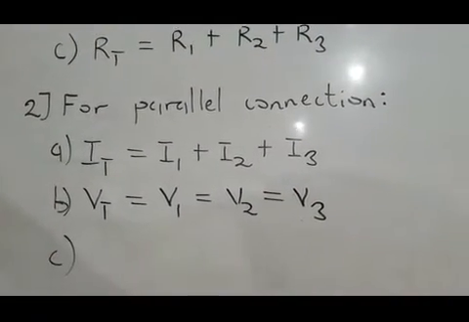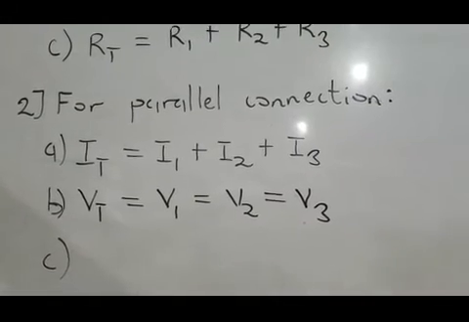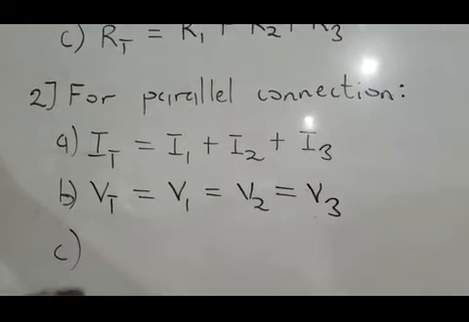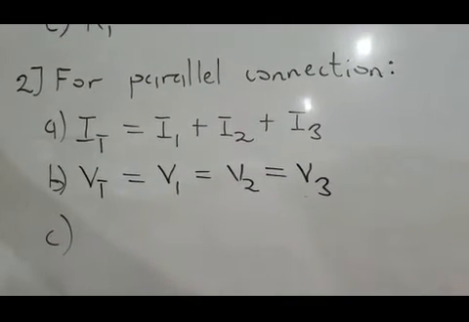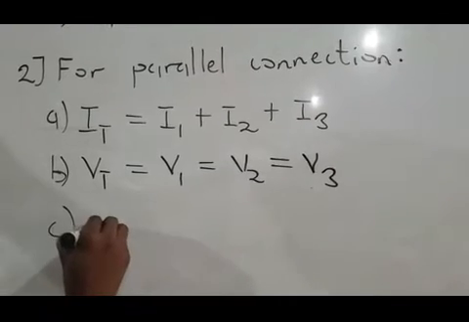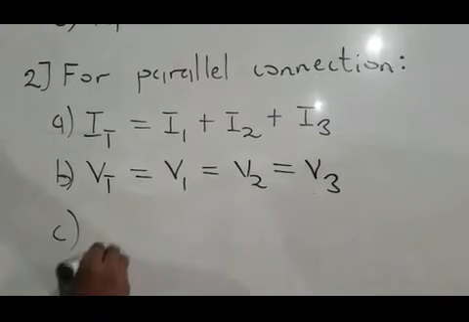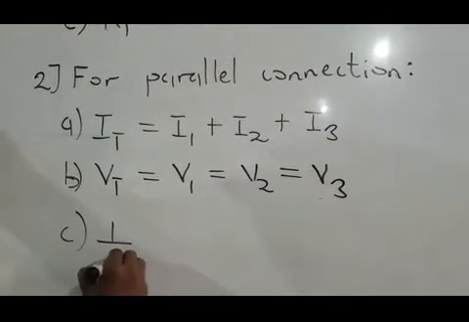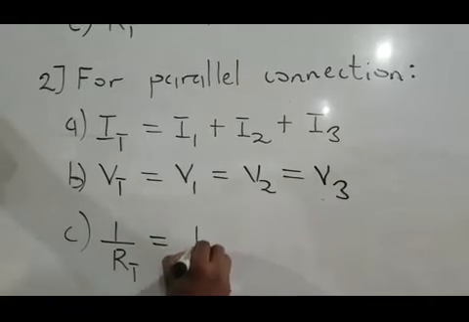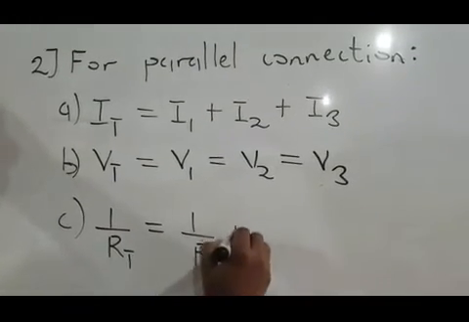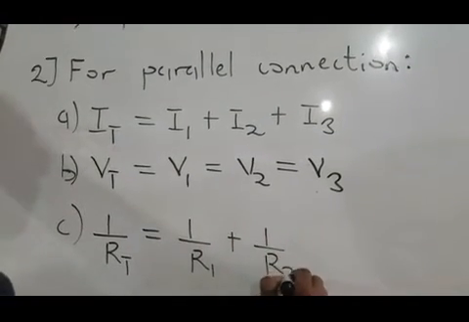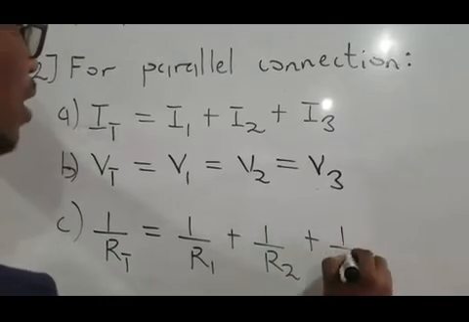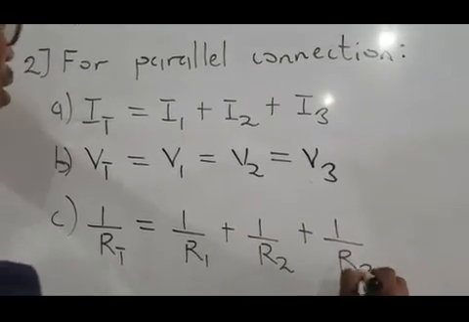For resistors in parallel, the effective resistance RT is determined by the equation 1 over RT is equal to 1 over R1 plus 1 over R2 plus 1 over R3.